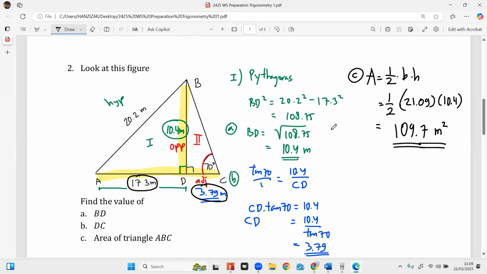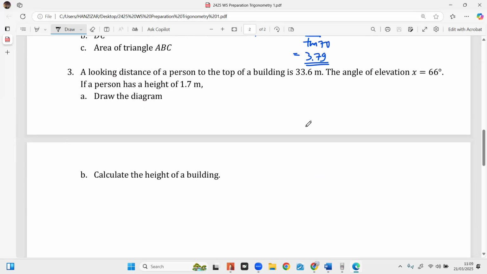We go further. Question 3. Oh, it's cut. There's no problem. Okay. We have to draw the diagram. Focus here, guys. A looking distance of a person to the top of the building is 33.6 meters.